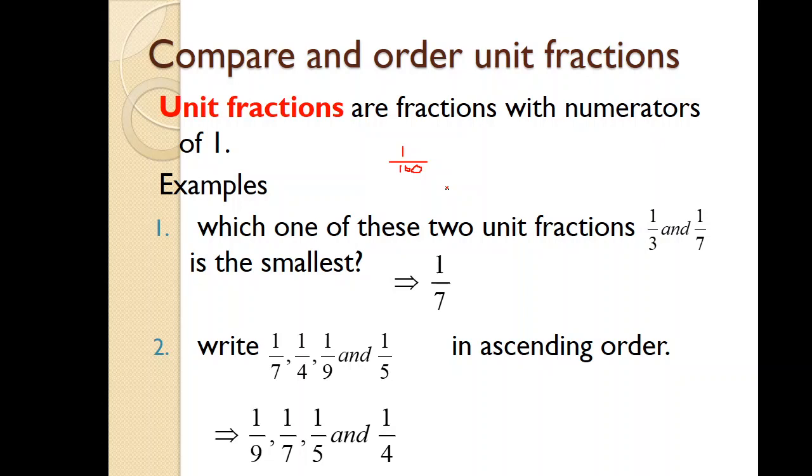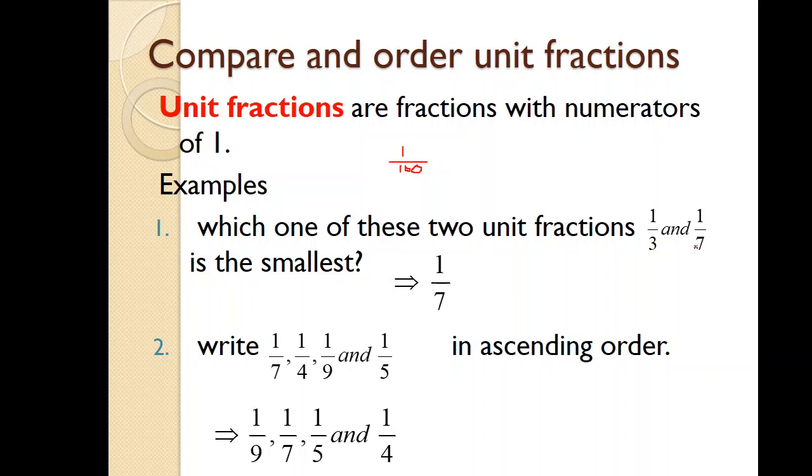Let's look at these examples. How to compare and order unit fractions. Which one of these two unit fractions, you can see that they all have a numerator of 1, is the smallest? That's very interesting, and I want you to listen here. In unit fractions, you can see they have the same numerators. They both have a numerator of 1. But now our denominators are different.